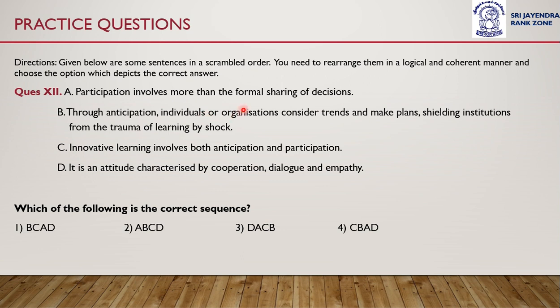Through anticipation, individuals or organizations consider trends and make plans, shielding institutions from the trauma of learning by shock. Innovative learning involves both anticipation and participation. It is an attitude characterized by cooperation, dialogue, and empathy. So these are the four sentences. I am giving you 30 seconds more. Please try to identify the opening and the closing statements on your own.